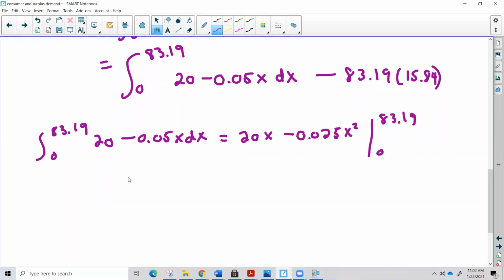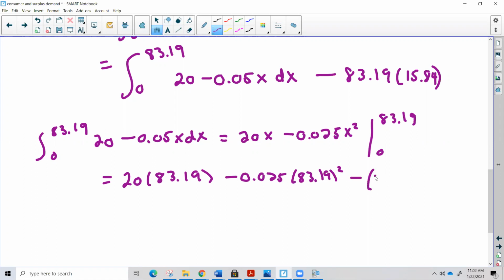And then for this, we plug in our upper bound first. Minus, and then our lower bound. And again, with the lower bound, make sure you put that in parentheses. Okay, so again, if I'm plugging in 0, and as long as every term has a 0, this ends up just being minus 0.